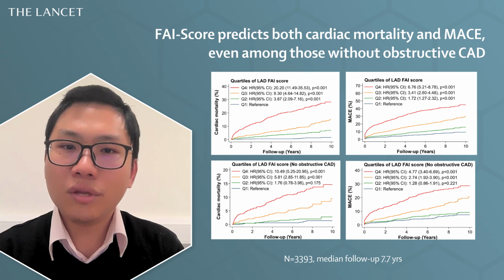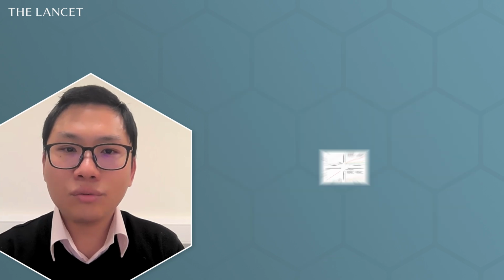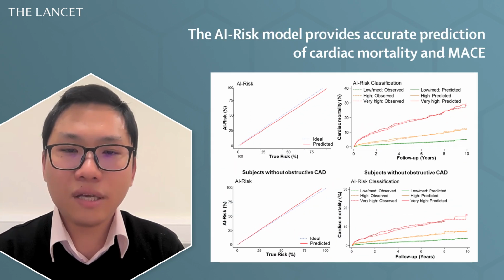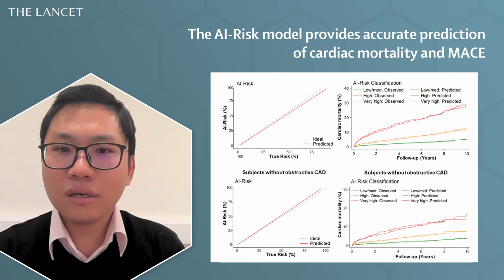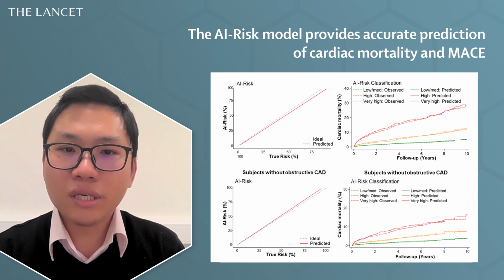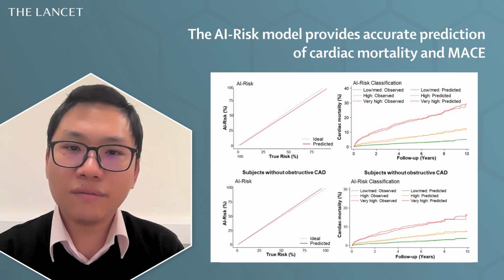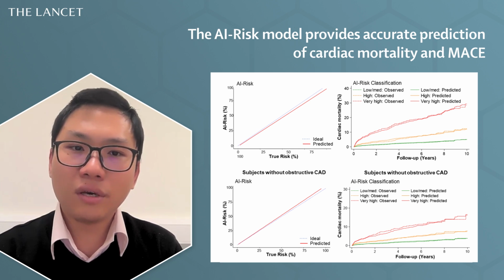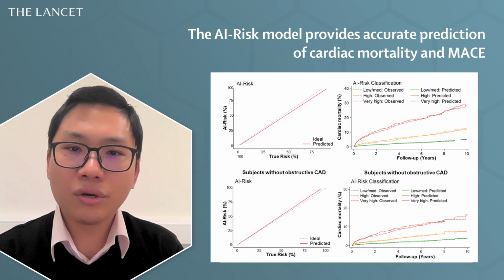We then looked into the ability of the AI risk model to predict individual patient-level events. Indeed, this model performed very well in predicting the individual risks, as seen by the overlap of the predicted versus observed events in these Kaplan-Meier curves, as well as in the model's calibration curves.